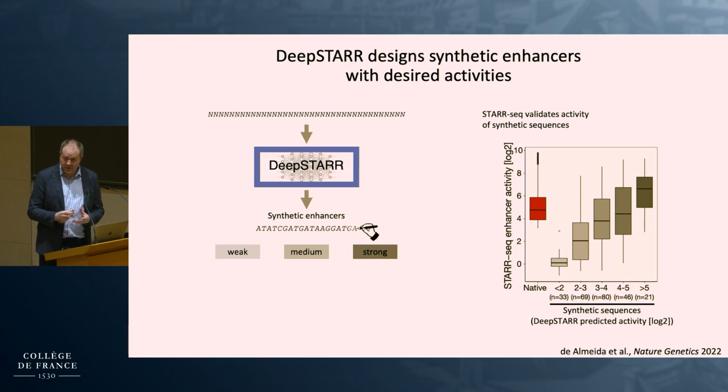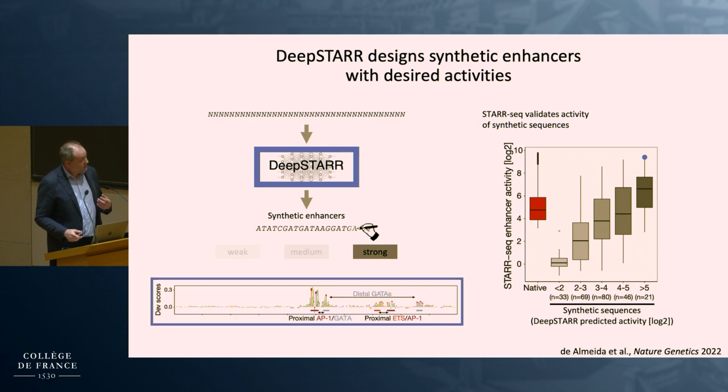And what was extremely amazing was that these synthetic enhancers behaved essentially as designed, with the weak ones being extremely weak, and then their activity increased up to the cohort of the strong enhancers that were partly stronger than the wild type enhancers that I again show here in red.